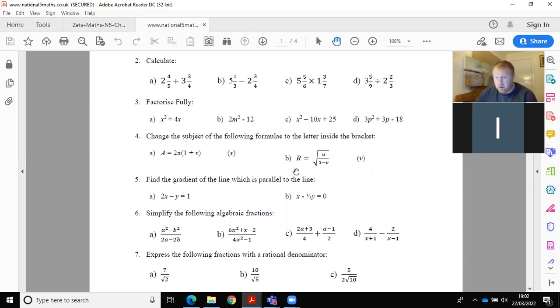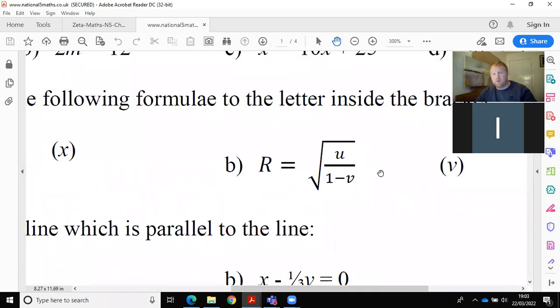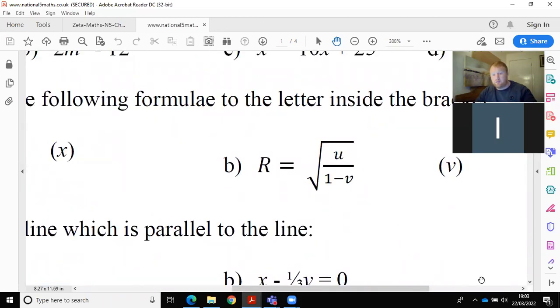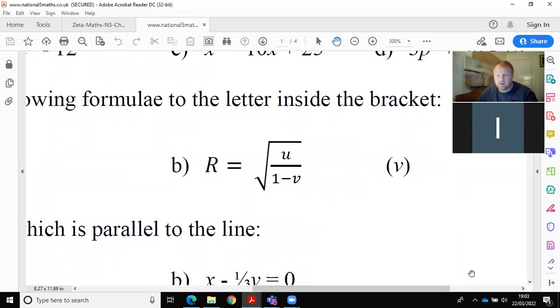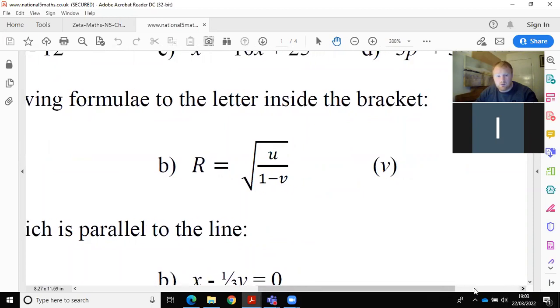But in this year's exam, what will come up is a root or a square being rearranged. So look out for past paper questions like that. Have a wee go at that for a minute, and I'll come back on at 7:05 and we'll go through that bit.